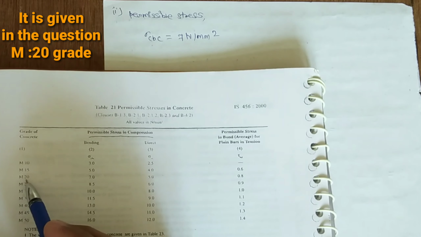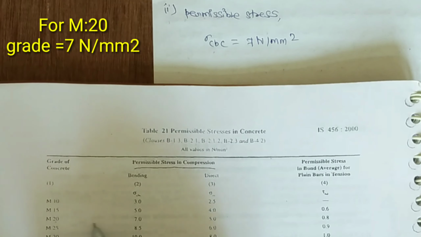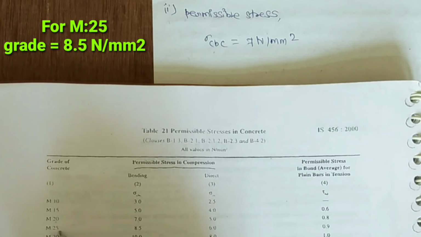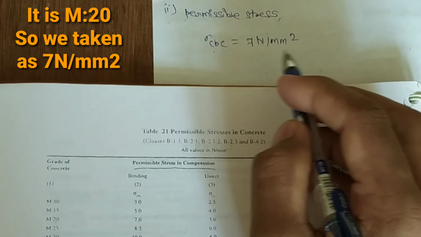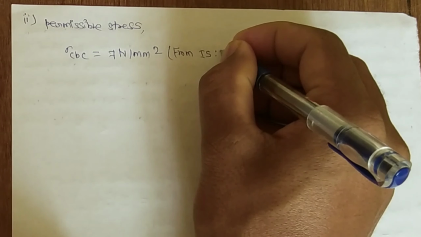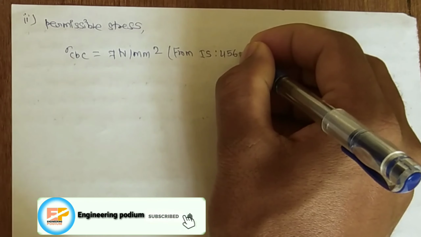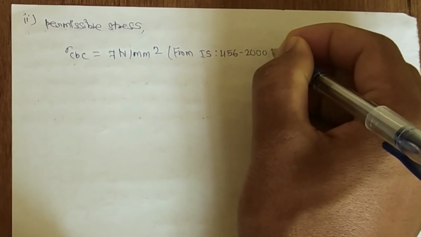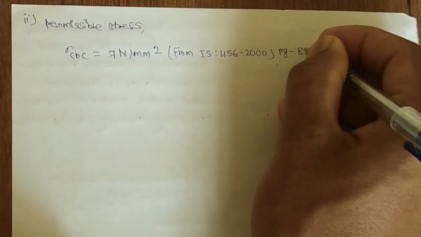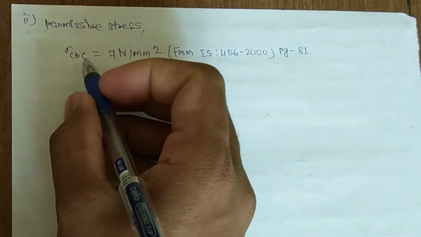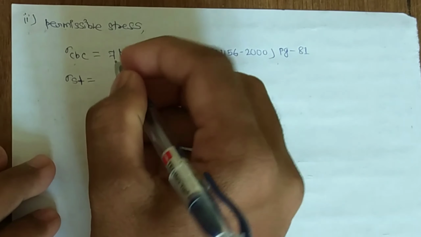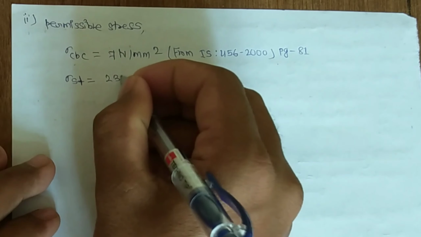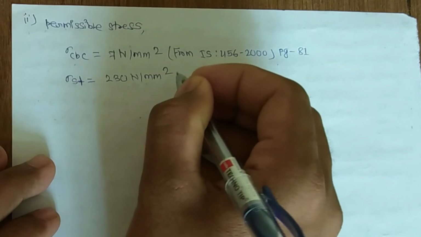It is given in the question M20 grade concrete, so the value is 7. If it is M25, we take 8.5. So it is M20, and we take 7 Newton per mm square. You can see this on page number 81 of IS 456 2000. The permissible stress in tension is given as 230 Newton per mm square.